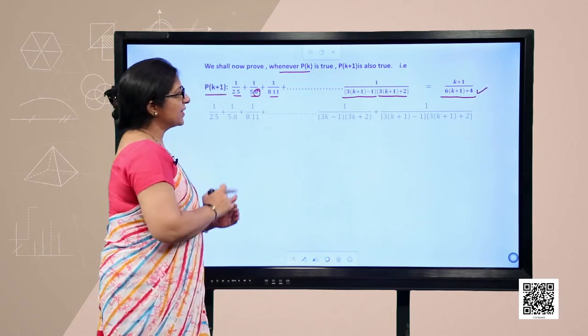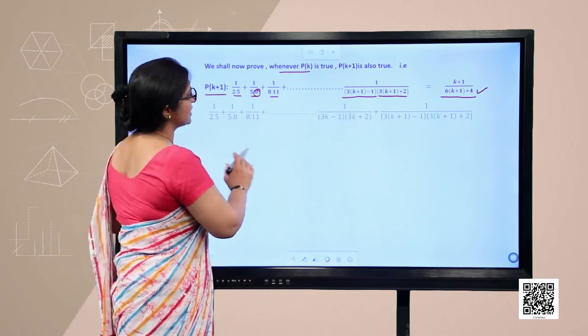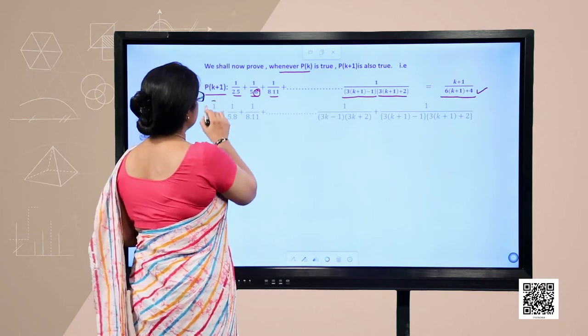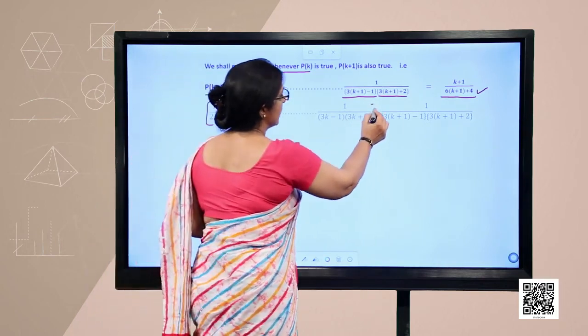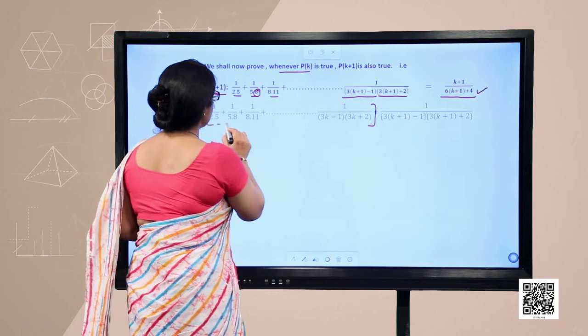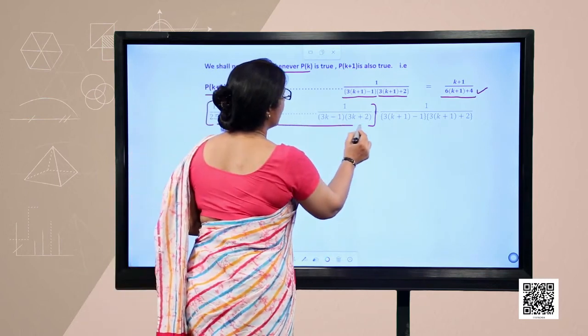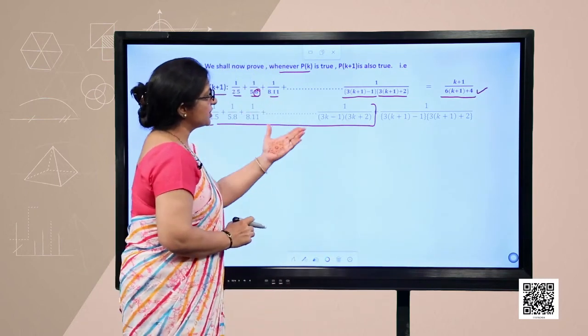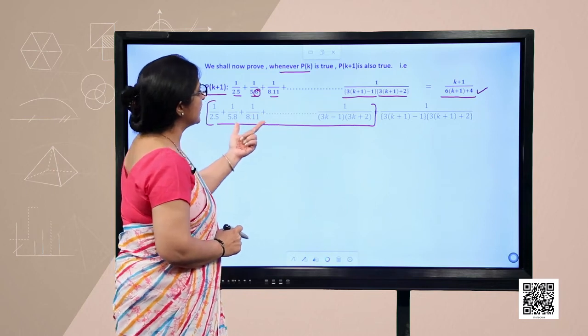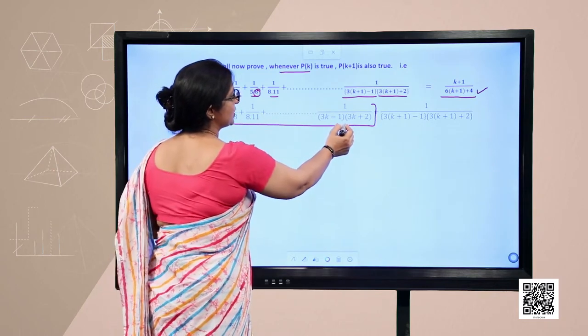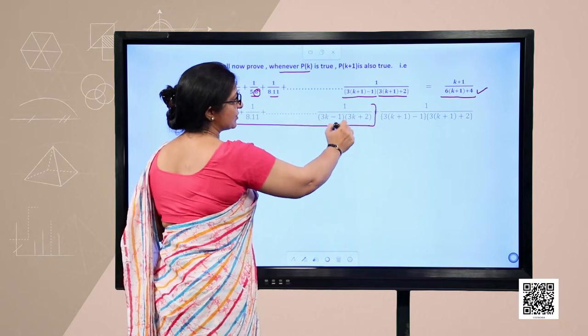Now in the previous slide we left the solution till this expression, where this expression is nothing but equation 1. We mentioned that we will be using it later, and from equation 1 we will be putting its value.